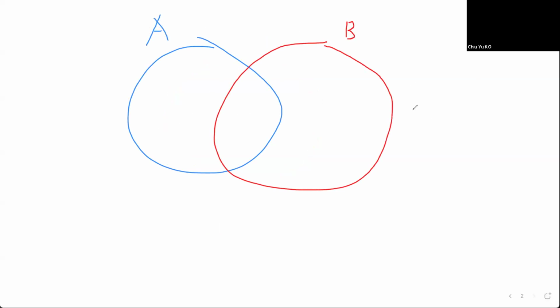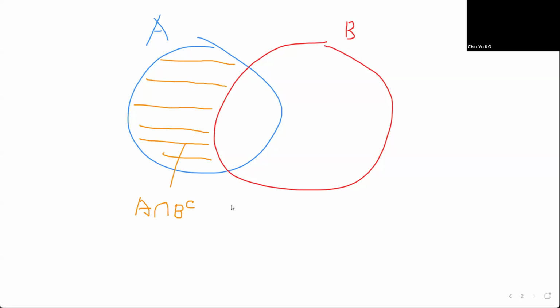So the blue circle can be decomposed into two parts. One is the orange part. What is the orange part? The orange part is A intersect B complement, because outside B is B complement.